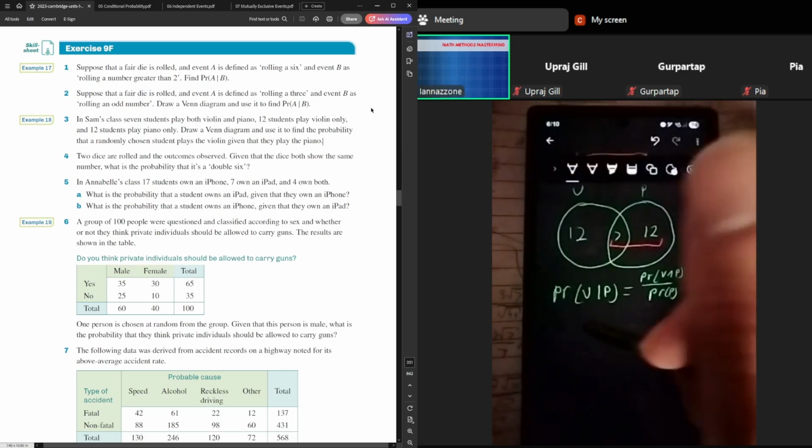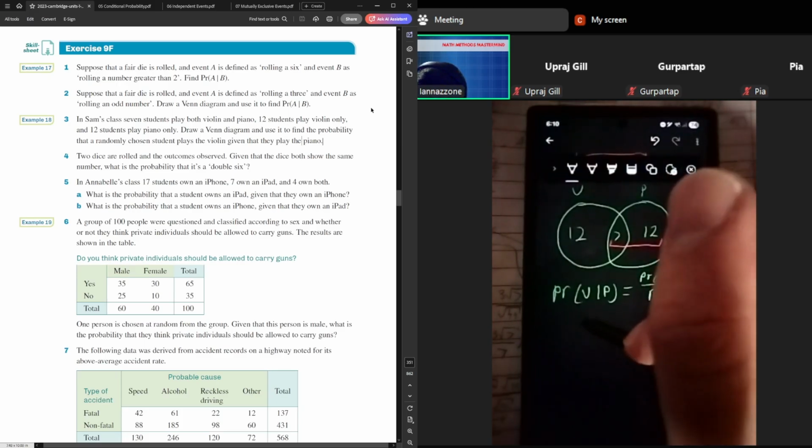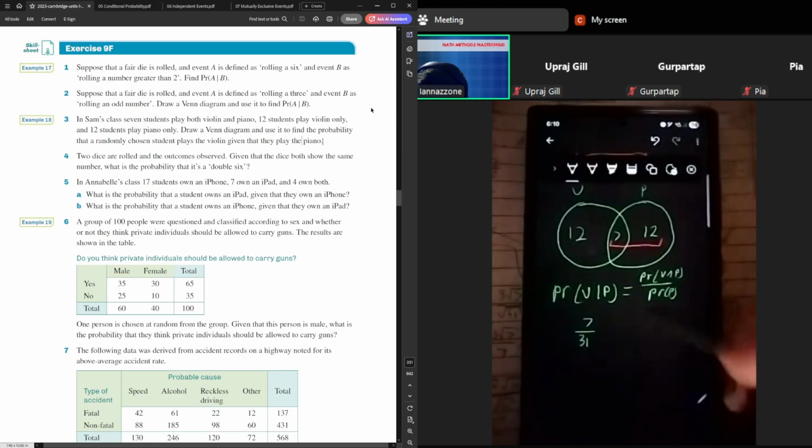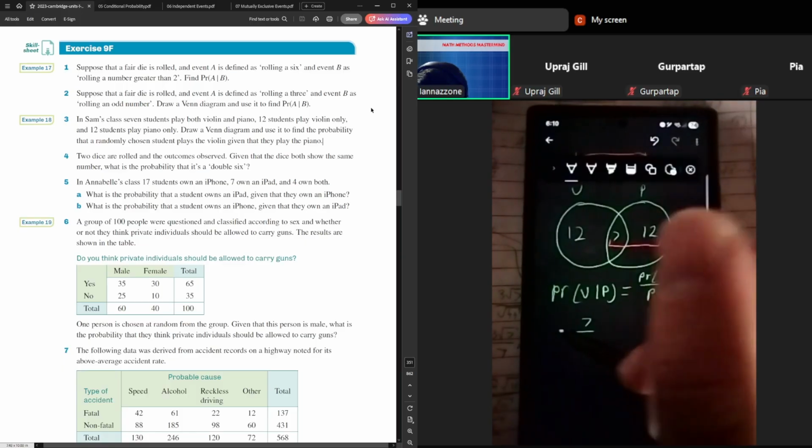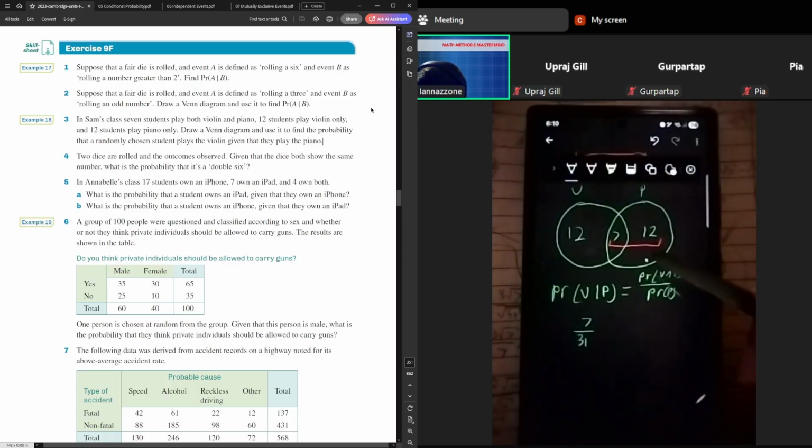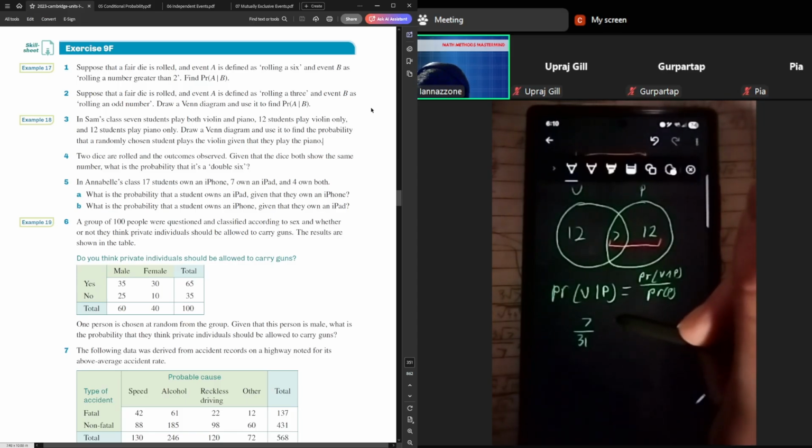Oh, it was 31. So 7 out of a total of 31. That's going to be your intersection. And then for the probability of P, you've got 12 plus 7 out of a total of 31, hence 19 out of 31.